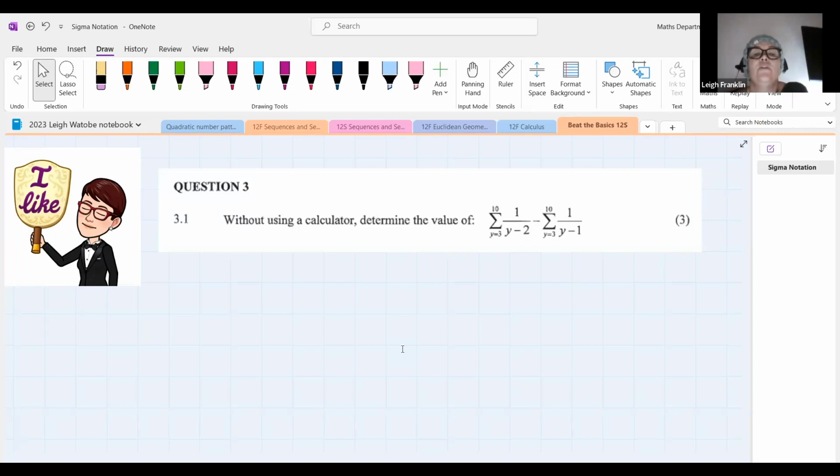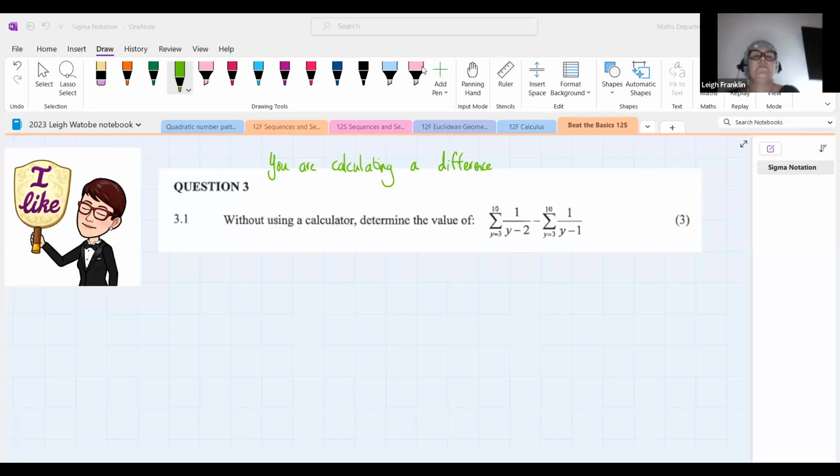If you have a look at this question, it is a question asking you to find a difference. Why do I say that? Why do I say you are calculating a difference? And what does the word difference mean? Exactly.